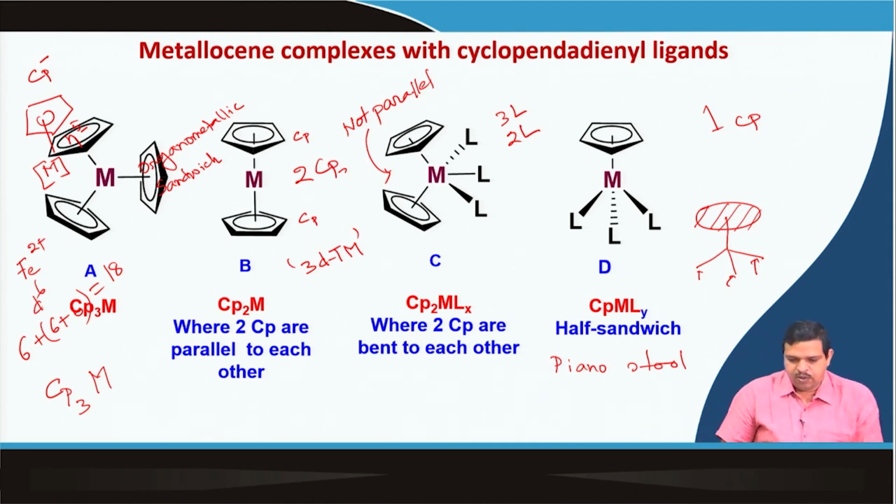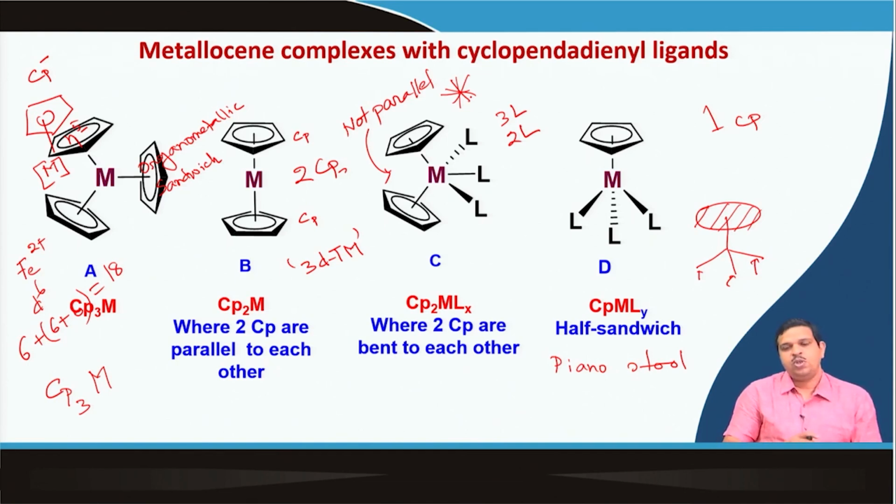Okay, and actually in this course, we are more interested in this bent cyclopentadienyl complex. But to understand the bonding, we should first start with the parallel Cp2M complex, that is ferrocene type of complex.